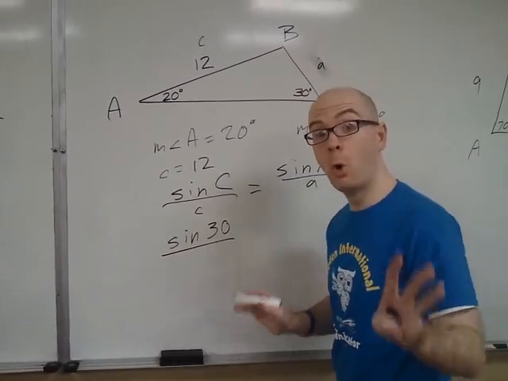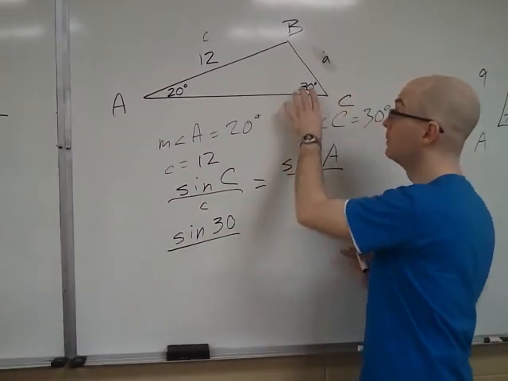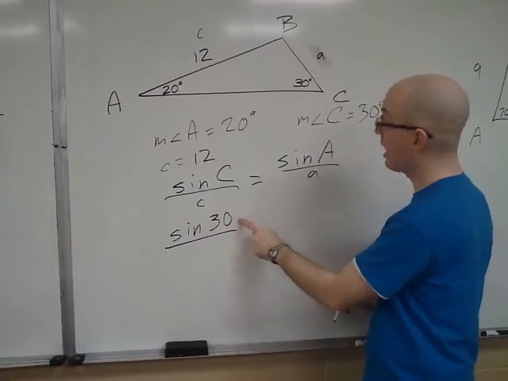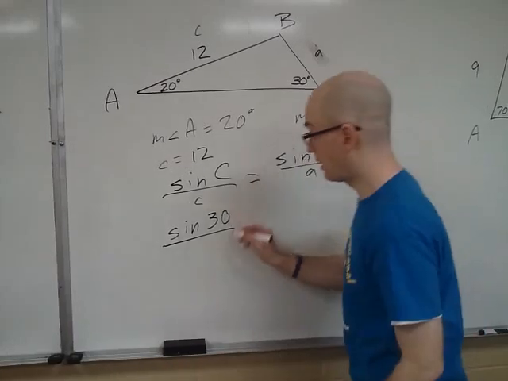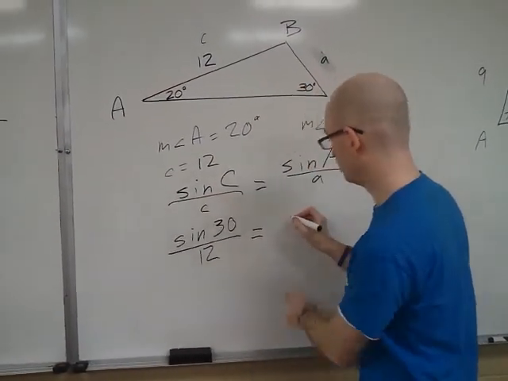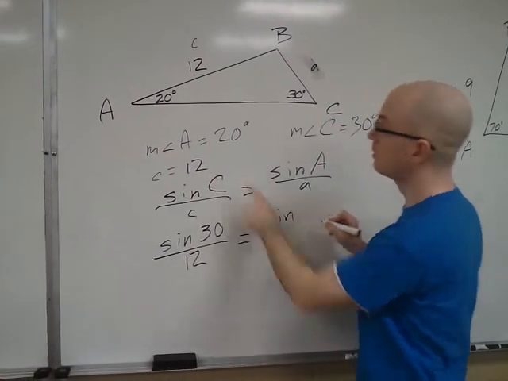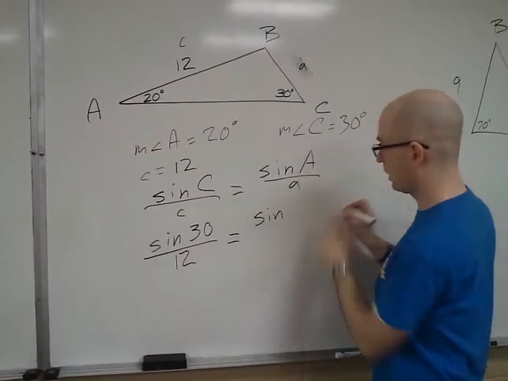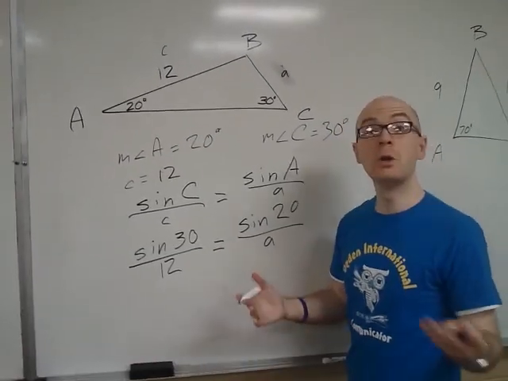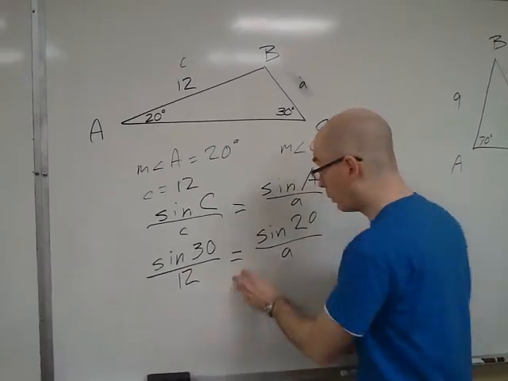And remember, you can only take the sine of an angle. You cannot take the sine of sides. Sine of 30 over its opposite side, 12, is going to equal the sine of 20 over little a. We don't know little a, but we can figure it out.